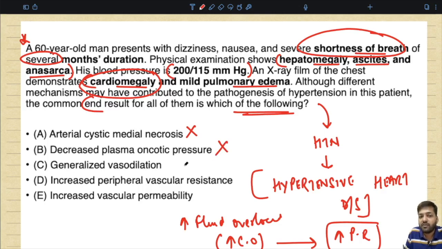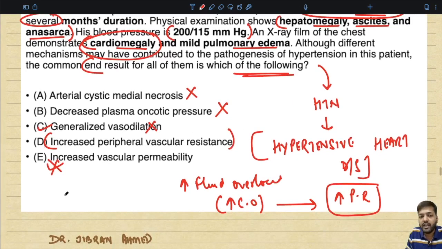Now, generalized vasodilatation does not occur by itself. Remember, generalized vasodilatation as well as increased vascular permeability can both be a result of hypertension, but by themselves they cannot cause hypertension. So ultimately the answer will be increased peripheral vascular resistance.